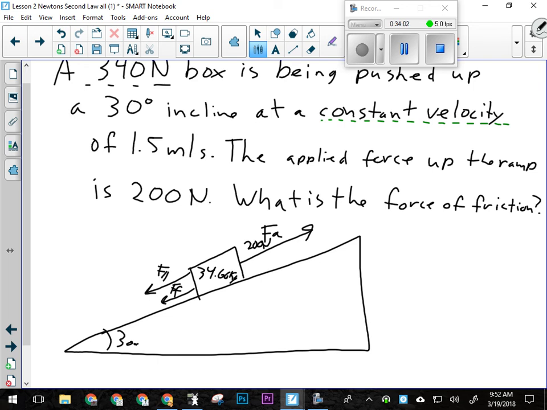If the box is sliding down the ramp, friction's acting up the ramp. Friction always opposes. So whatever direction the object is going, friction goes the other way. Okay, so those are the forces acting on the box. Now, gravity is there as well. Okay, we're told that. That might help me calculate some of the other forces.